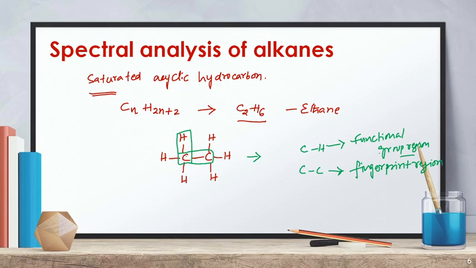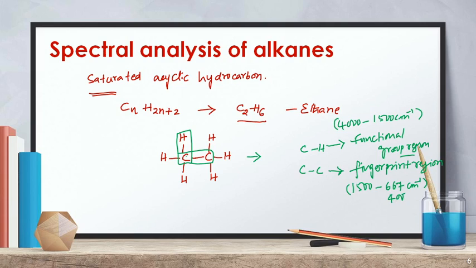The functional group region is 4000 to 1500 centimeter inverse, and the fingerprint region is present from 1500 to 667 centimeter inverse, or sometimes 400 also.